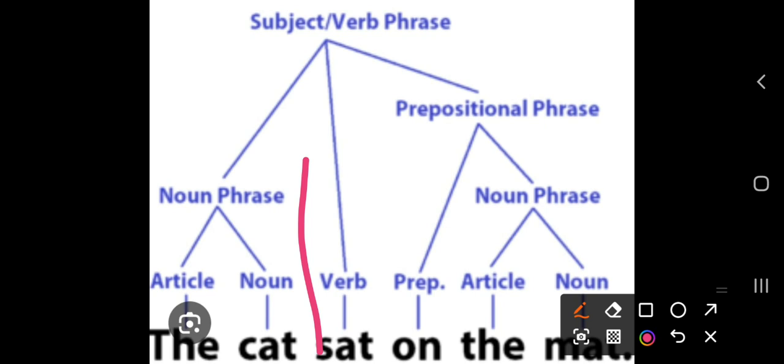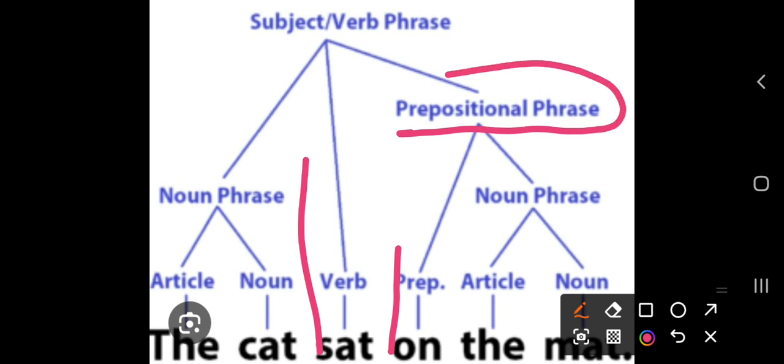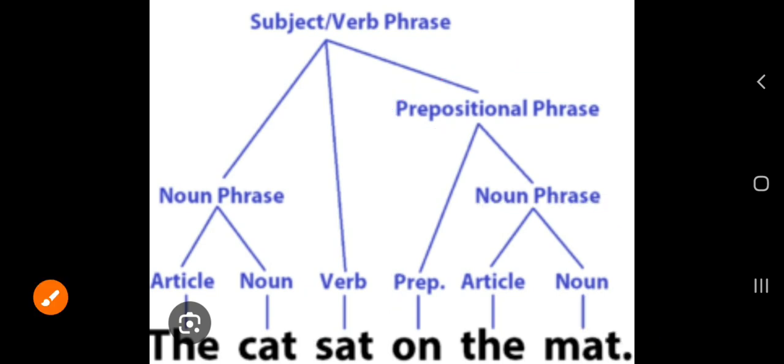Because after sat, no other words are used for the verb, and directly on starts, and that's why this is a prepositional phrase, because the phrase starts with on. On is the preposition, and under the preposition a noun phrase is there, the and then the mat. So I think it's clear.